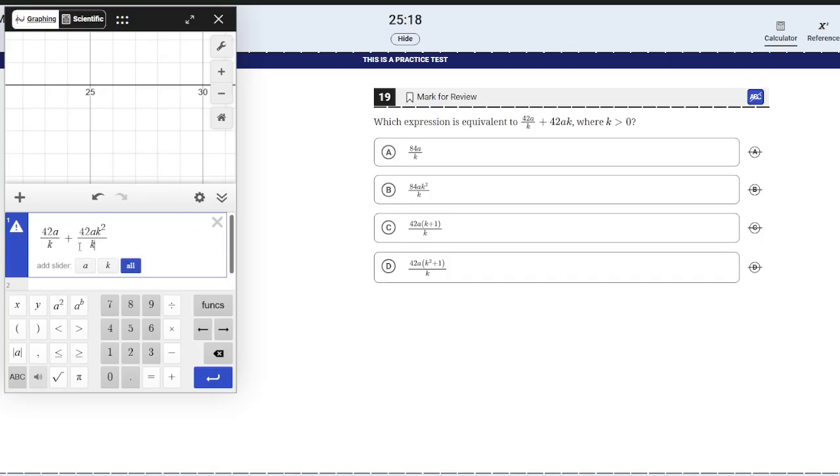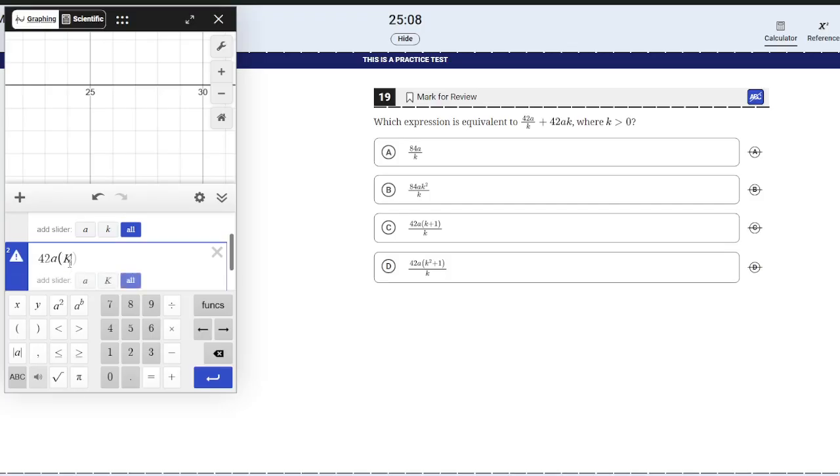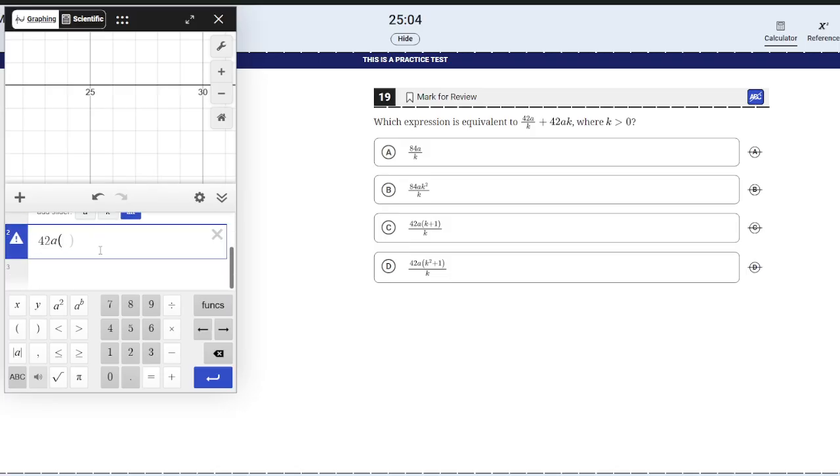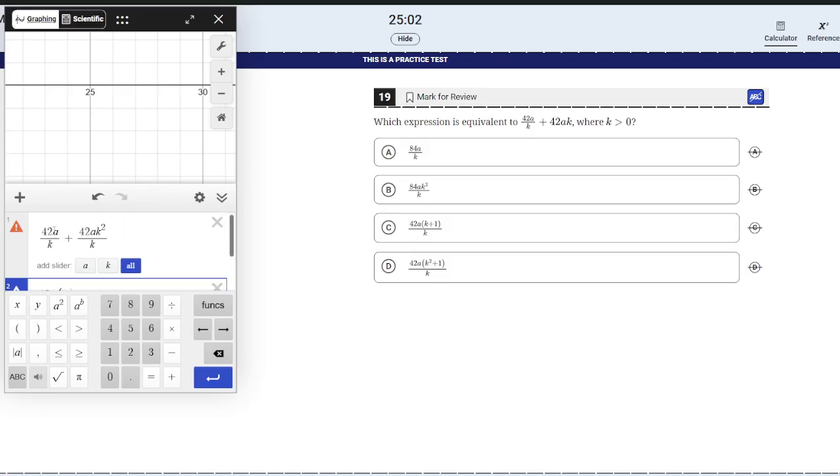So you're going to get 42a over k plus 42a k squared over k. And if you distributed that, 42a k plus 1 essentially. Yeah, because you do need to add a k there.